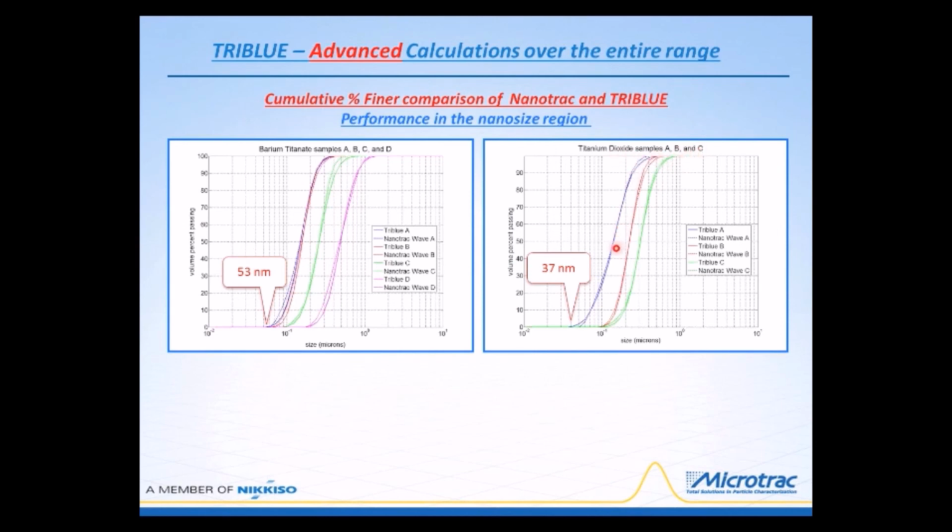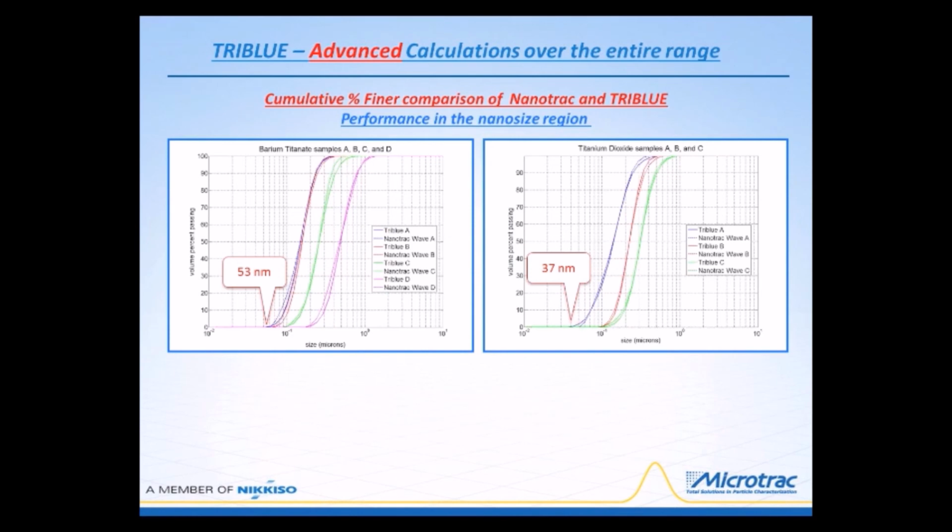Again, you can see how the instrument responds and picks up these particles going all the way down to about 35, 37 nanometers. It clearly distinguishes between the 3 different materials. But at the same time, the Microtrac data and the Wave data are virtually identical. So we're actually able to get diffraction instruments going back to first principles of dynamic light scattering instruments.